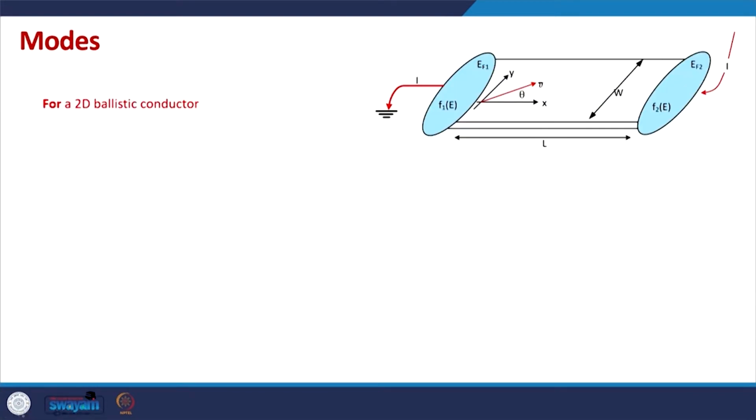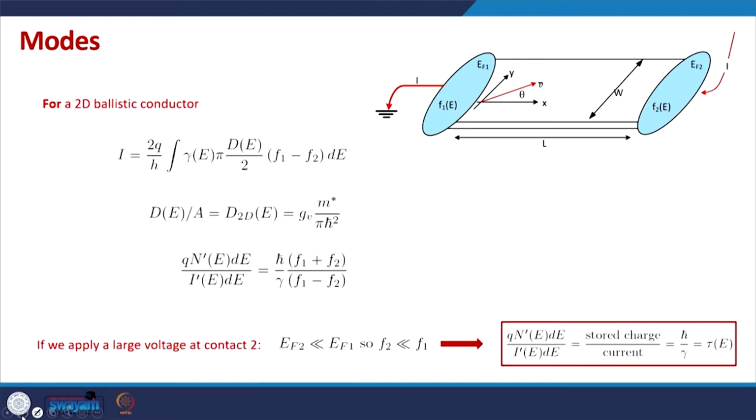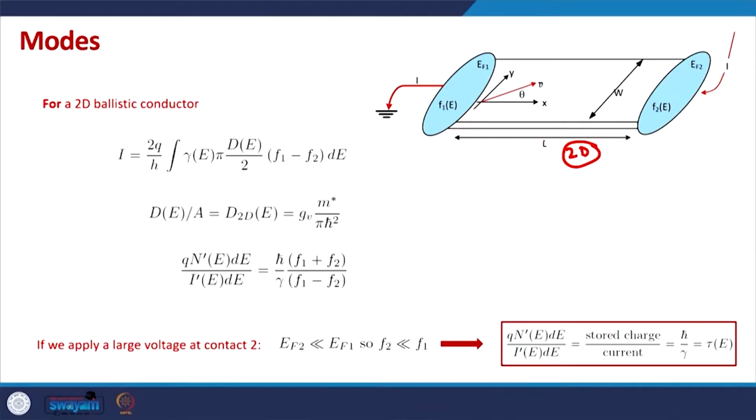This we have already seen. As a starting point we take a 2D channel, just for the sake of better visualization, because we can visualize a 2D material in a much better way. The channel has length L and width W, and the density of states in the 2D channel, you might recall, is given as m star divided by pi h bar square.